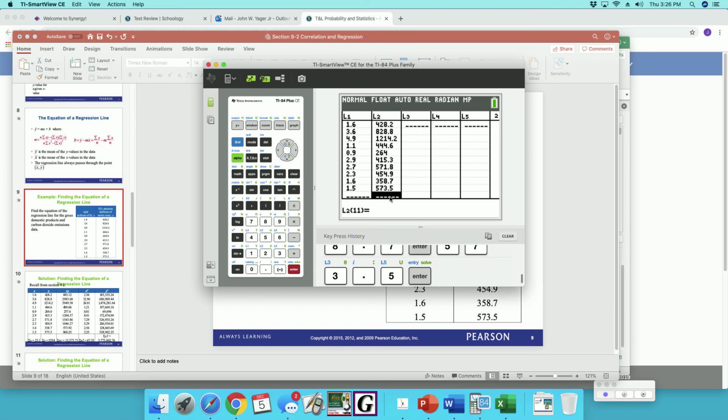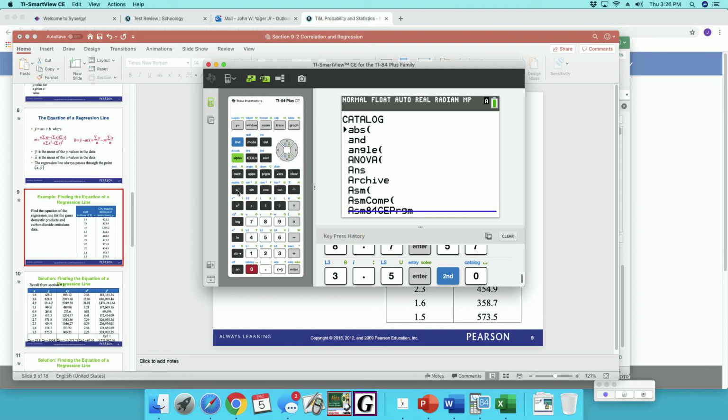All right, once we're done with that, I highly suggest that you have diagnostics on, because it may give you more information than you want, but during the classwork or the test, diagnostics on will give you the information that you need. So let's go over how to get diagnostics on. Go second, catalog, which is a 0.